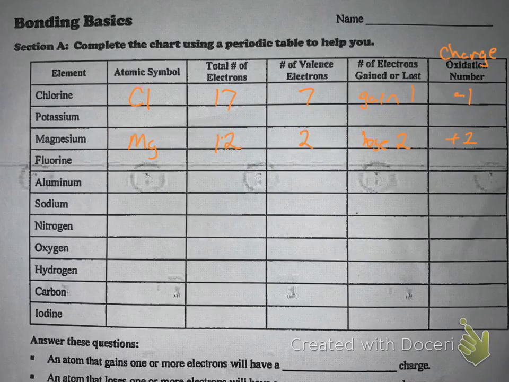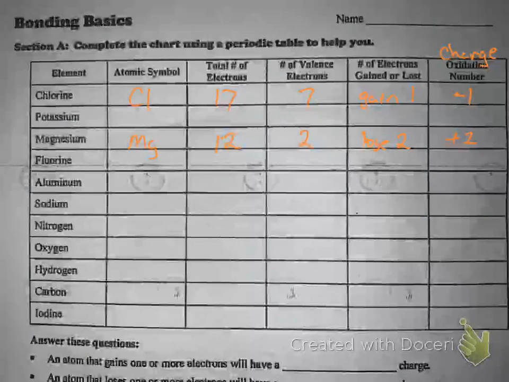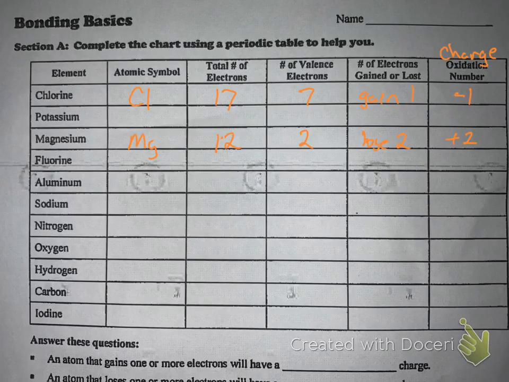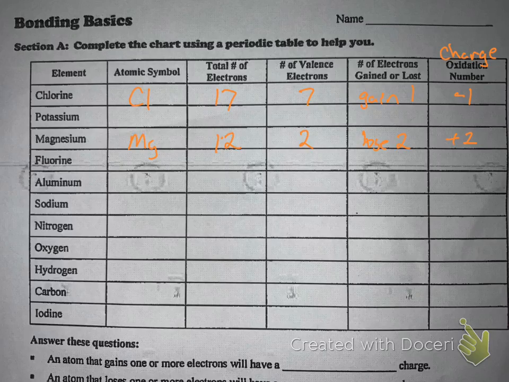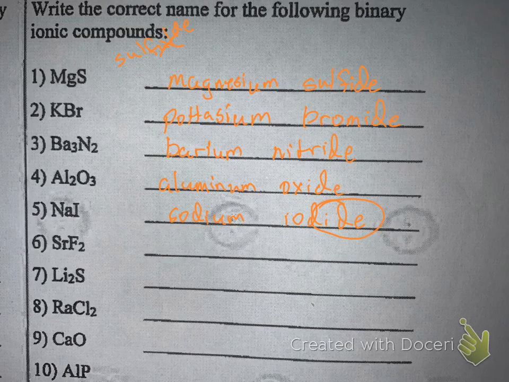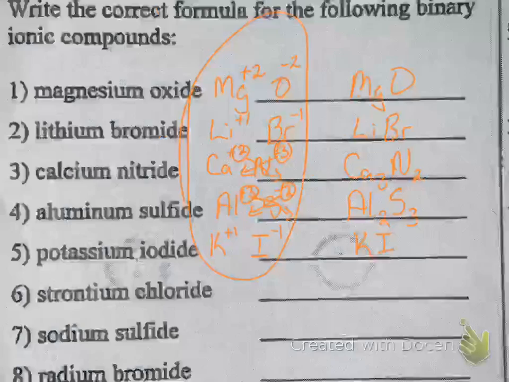Remember, the fancy way of saying charge is oxidation number. There's plenty of videos out there to help you with this. Remember, show your work. You need to show that intermediary step. Otherwise, you will not get credit for it.